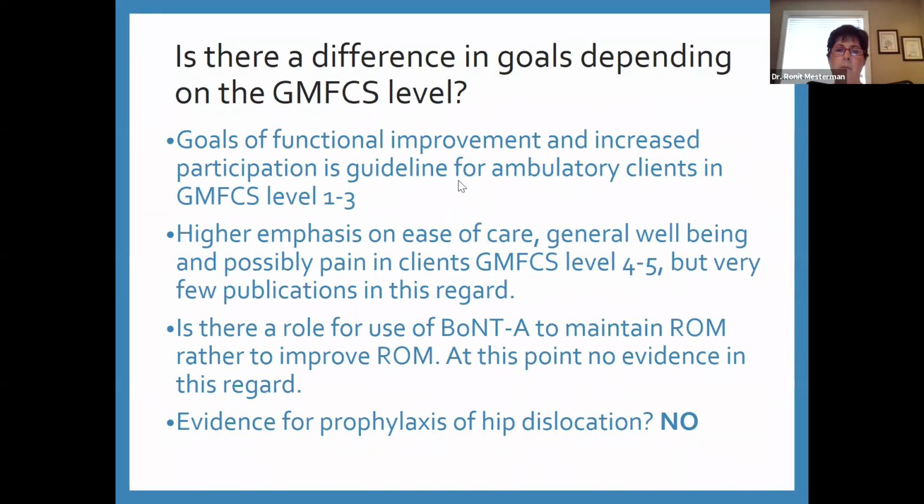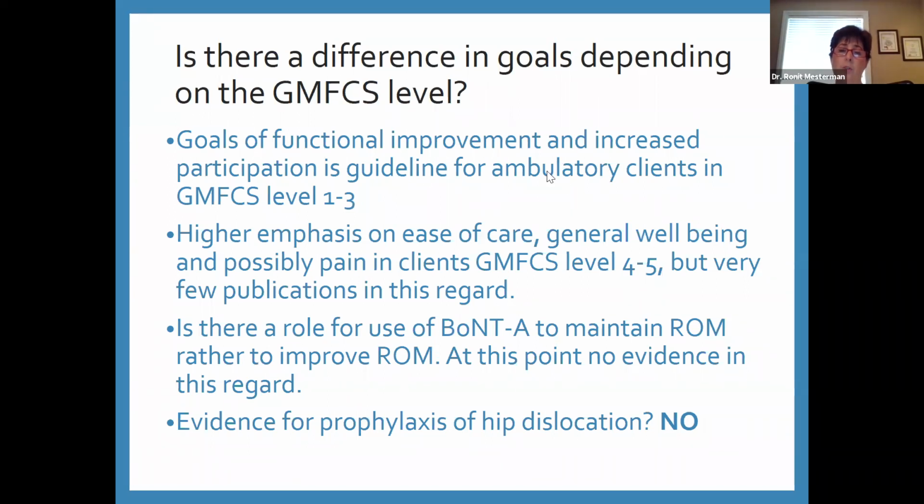So when we pick botulinum toxin, it is important, like for any intervention, to set clear goals. We are not just injecting for the sake of reducing the tone. We really want to understand what we're going to accomplish. Goal setting will look different according to the different functional levels.